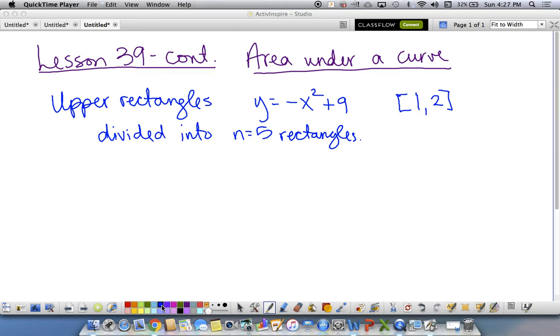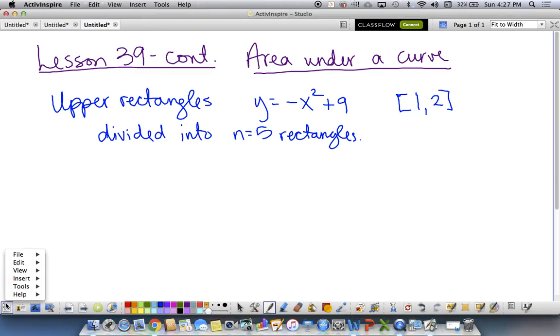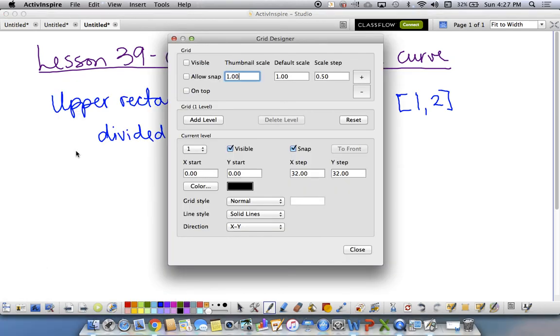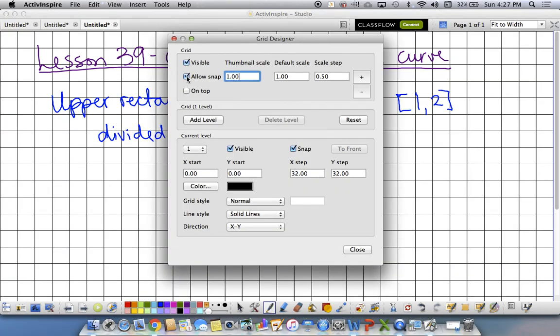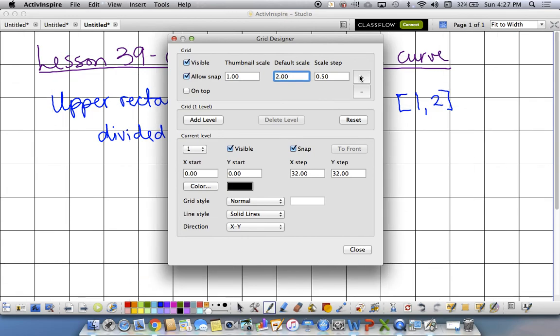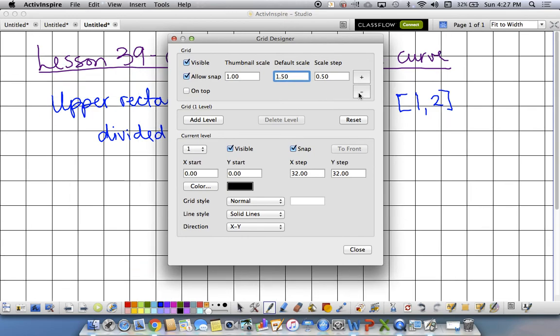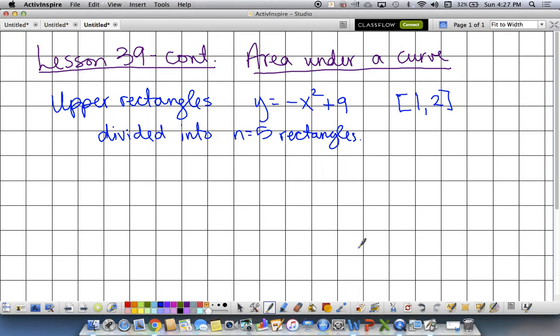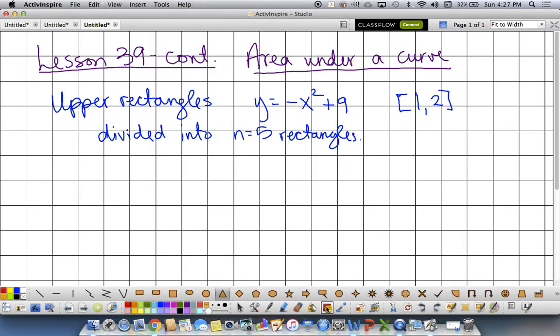So I'm going to put, like I did the last time, our grid paper up here. And then we're going to make this bigger. Oh, maybe not quite that big. That is perfect. So I'm going to draw my graph. We know it's not negative. I probably don't even need to go that far in that direction.